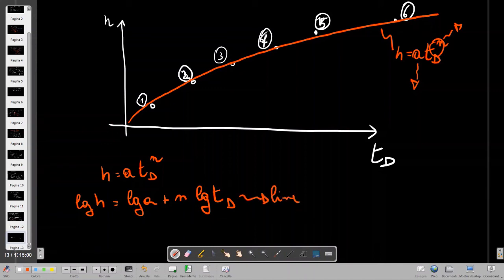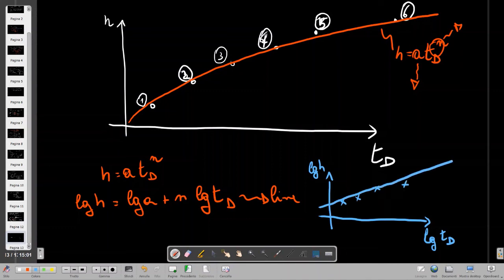Then again, as we have done for the statistical analysis, we can write a reference frame in which we put the logarithm of rainfall depth and the logarithm of the rainfall duration. We can have a series of observations.